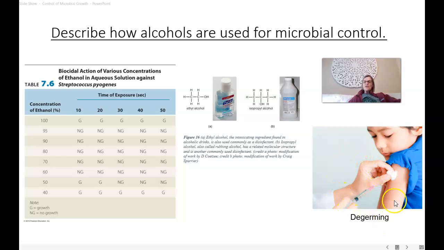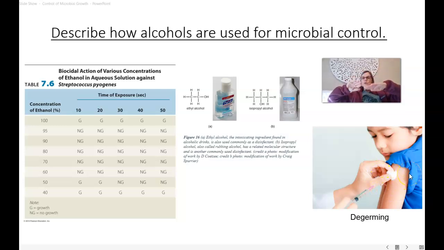Another thing that we use alcohol for a lot is degerming. We're all familiar with this because we've all gotten vaccines. And alcohol is really great at breaking up oils, just like surfactants, like soap. So what you do is you put alcohol on the skin, and then you rub the swab in a circle.